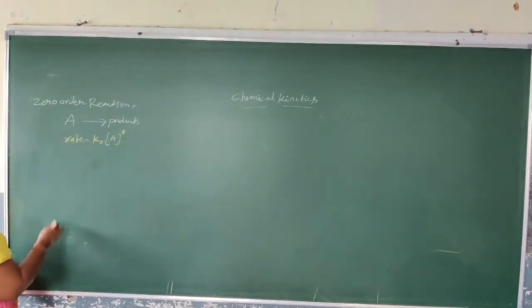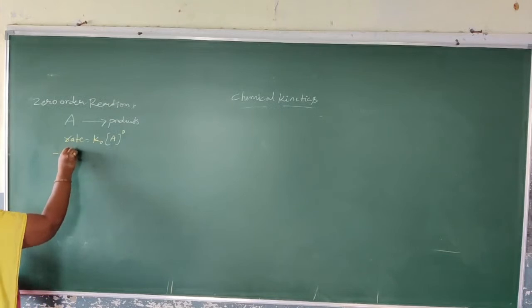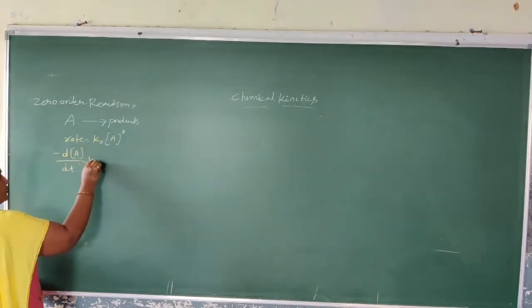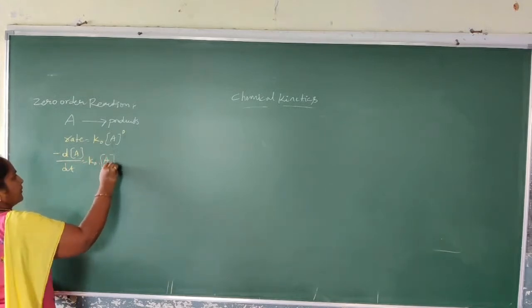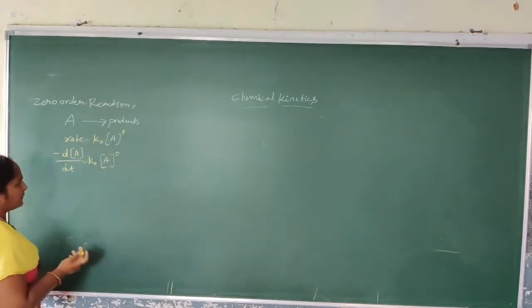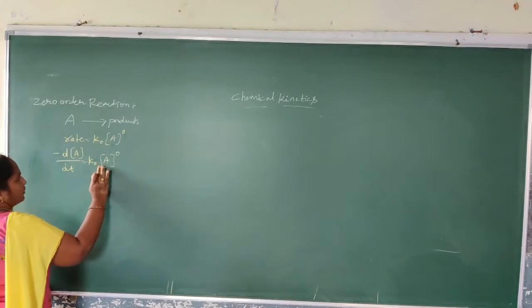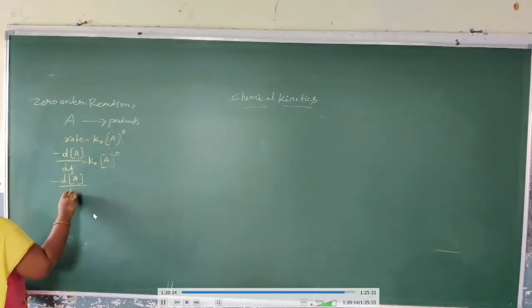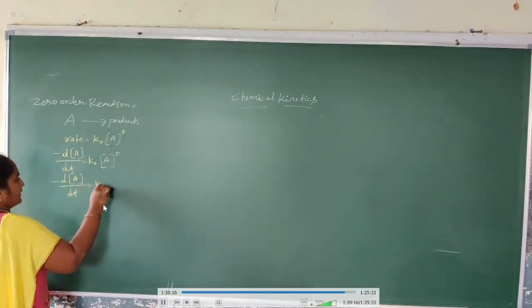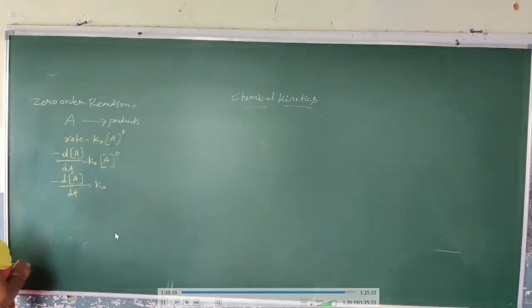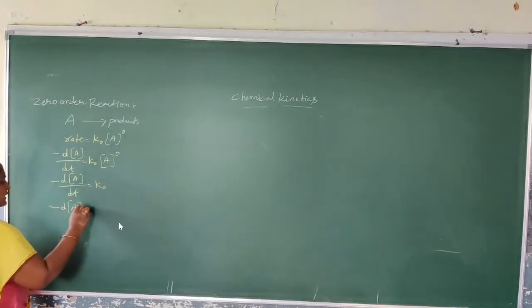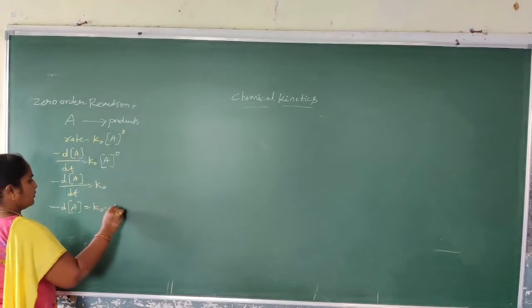How can we write the rate? Minus d[A] by dt is equal to K naught into [A] to the power of 0. Anything to the power 0 is 1, so minus dA by dt is equal to K naught. dt comes to the right-hand side, so we get minus d[A] equal to K naught into dt.